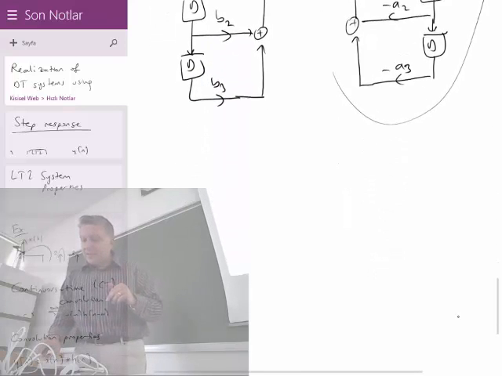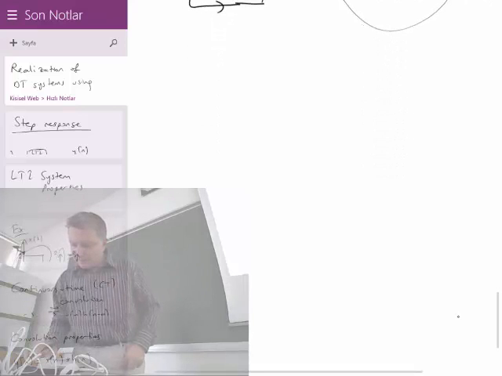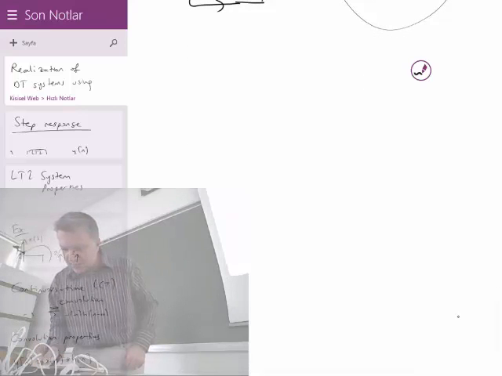Now, the right-hand side I am going to draw here, which has an input. The input is x of n.